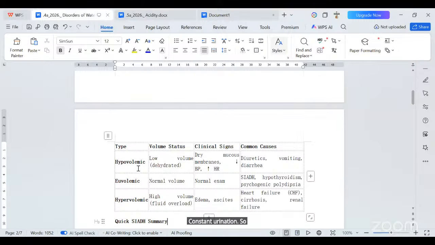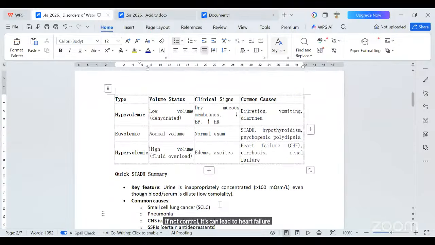So we have hypovolemia when the water volume is low, which could be through vomiting. Euvolemic, that's normal water level, and hypervolemic when the water level is high. You either see edema, or if not controlled, it could lead to heart failure.